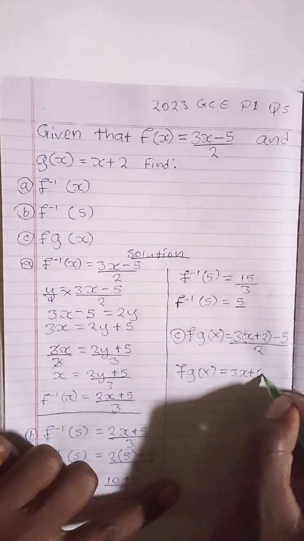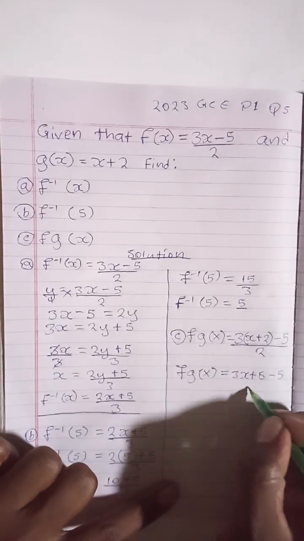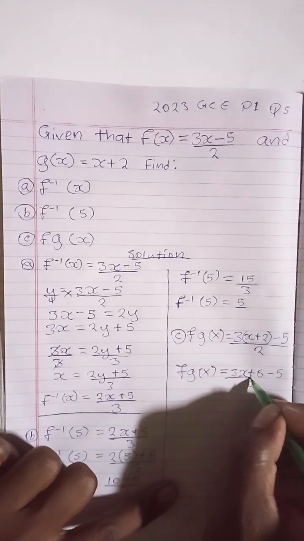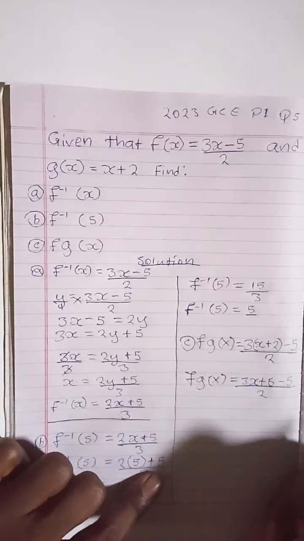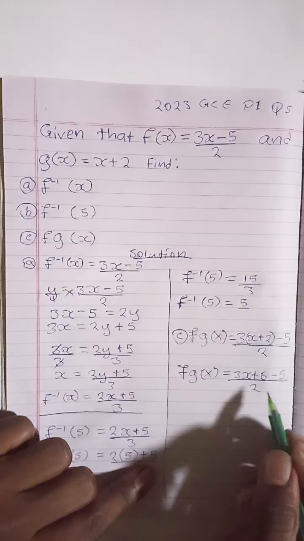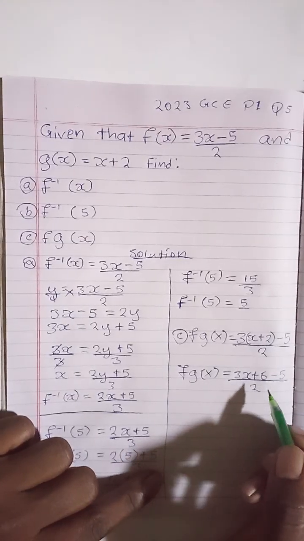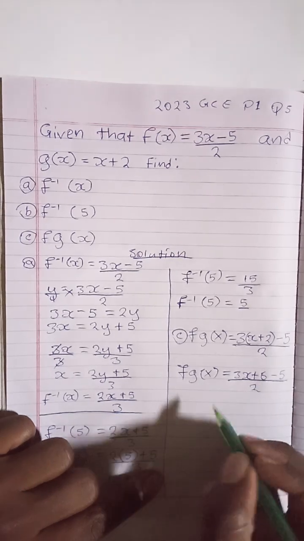Plus a 6 minus a 5 over a 2. So here now we are going to work out the like terms together.